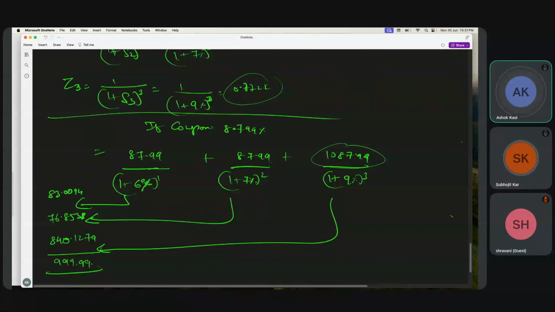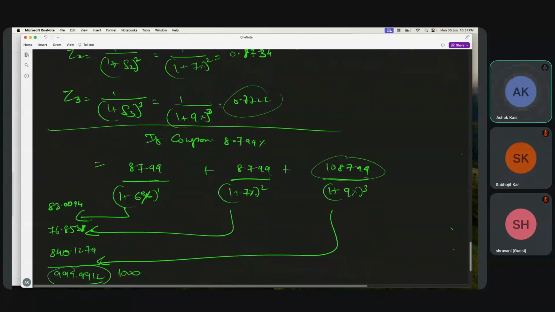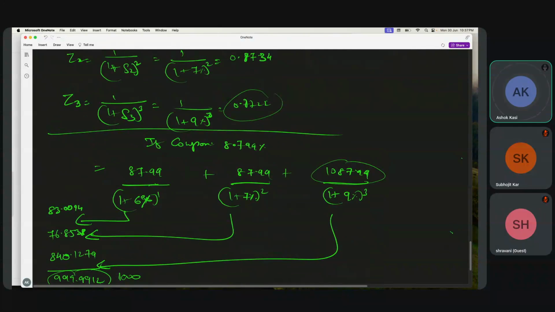You can round it up to 1000, because these are only decimal differences. So this is the fixed rate which will force the bond to be priced at par.